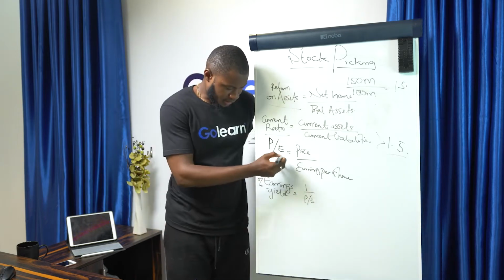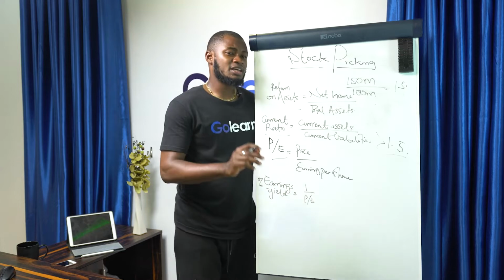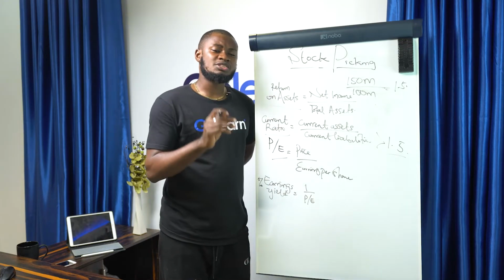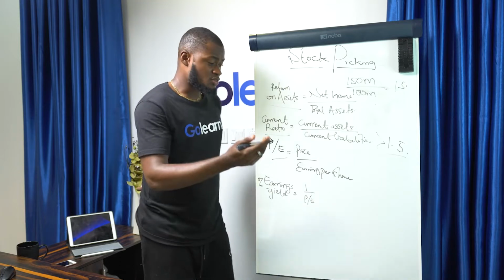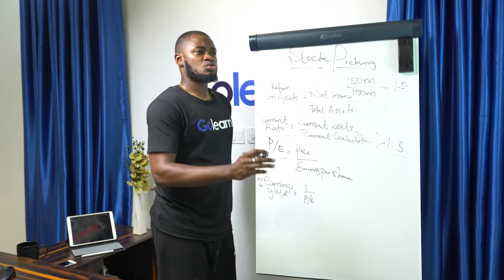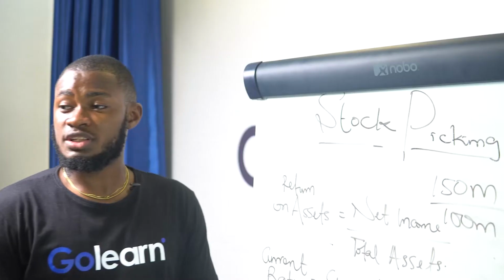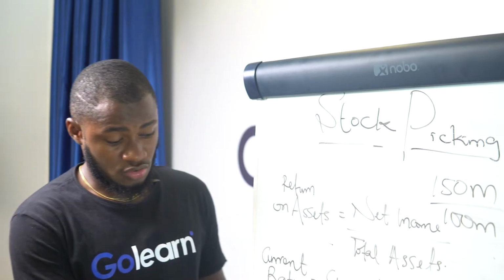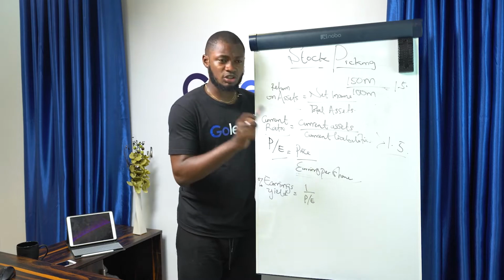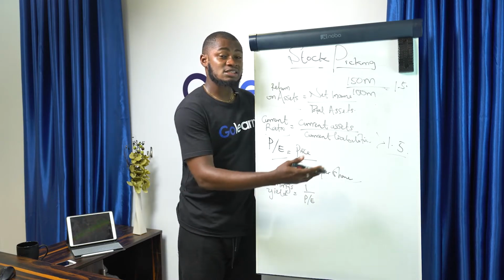Now, the price to earnings ratio. The price to earnings ratio is used to know how undervalued, how cheap a company is. I use this ratio to identify undervalued companies. So the PE ratio is calculated by the current price of that asset divided by the earnings per share.